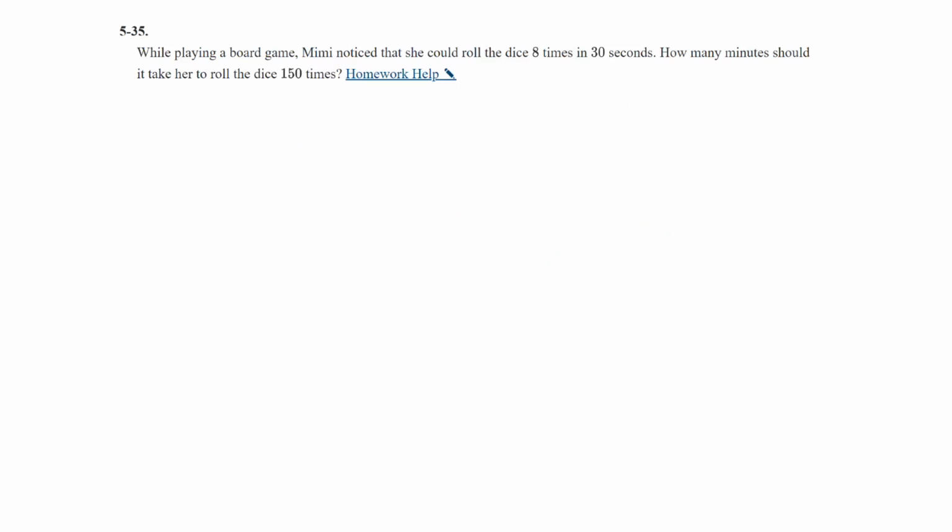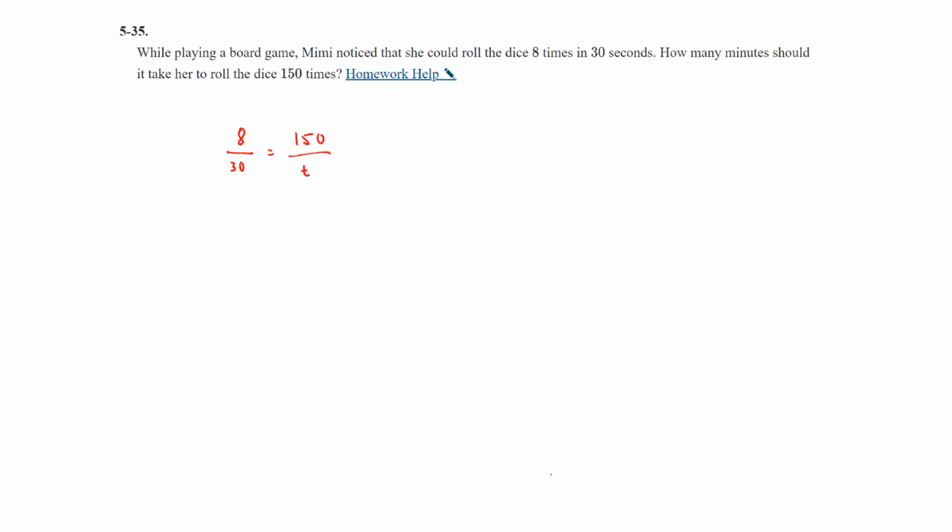Question 35. While playing a board game, Mimi noticed that she could roll the dice 8 times in 30 seconds. How many minutes should it take her to roll the dice 150 times? So we could set up a proportion here. If we have 8 times for every 30 seconds, the question now is, if she rolls it 150 times, how long would it take?